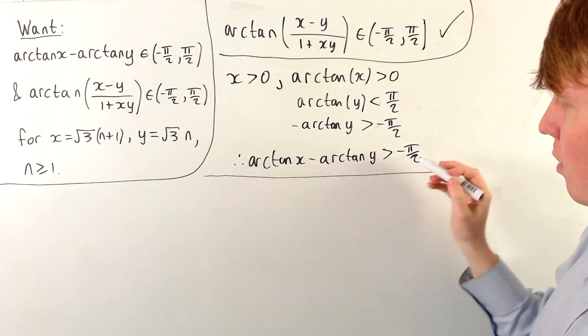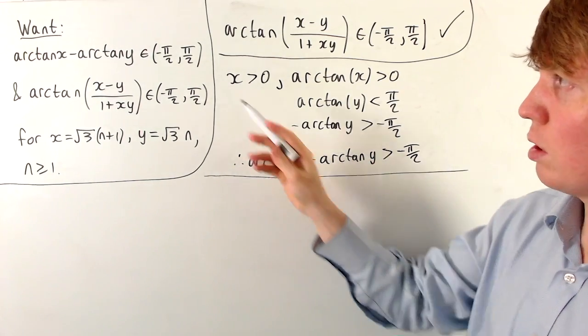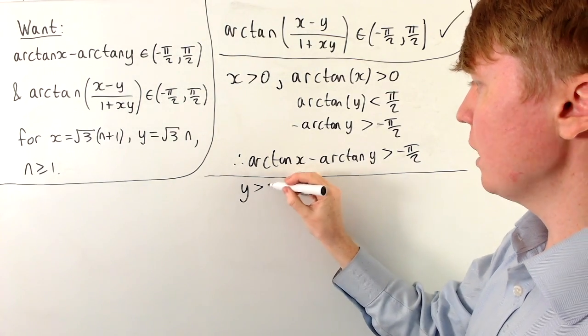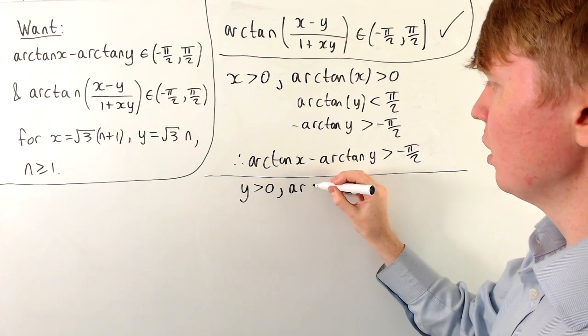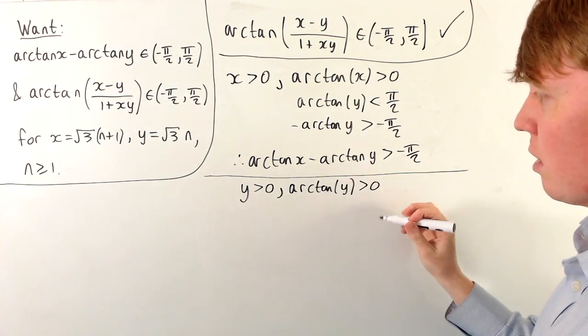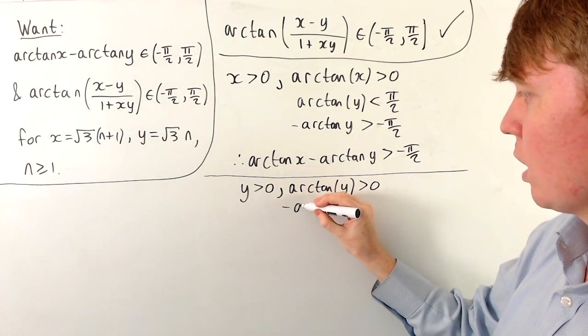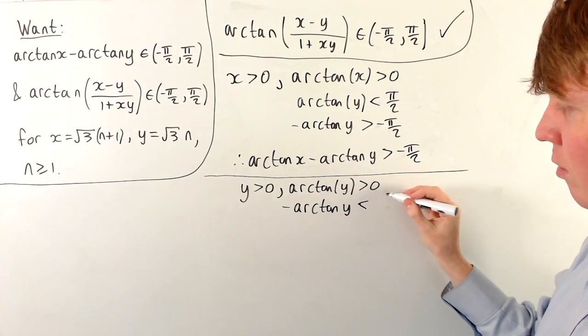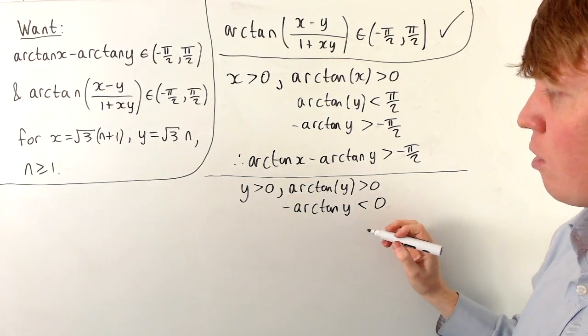So we've shown then that it's bigger than minus pi over 2, we just need to show that it's less than pi over 2. So similarly, because y is greater than 0, we know that arctan of y is going to be greater than 0, and then taking negatives we get negative arctan of y is going to be less than negative 0, so just less than 0.